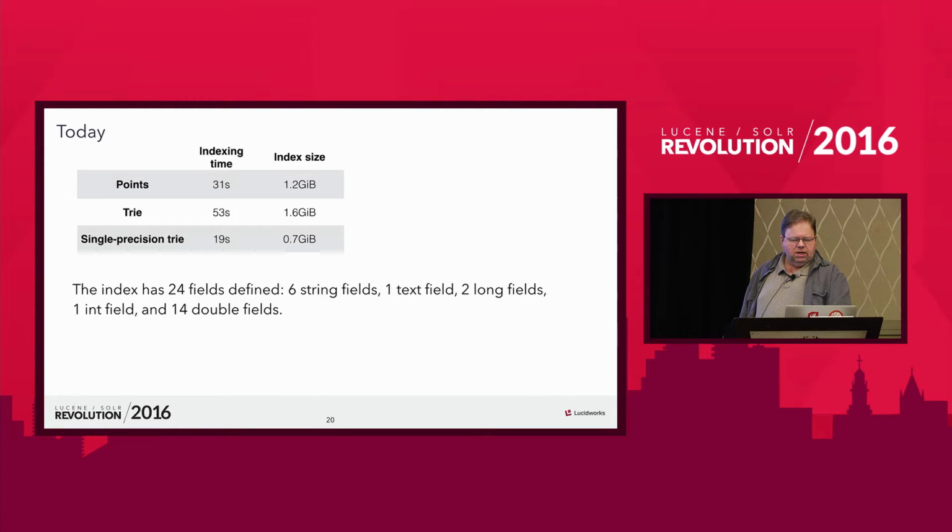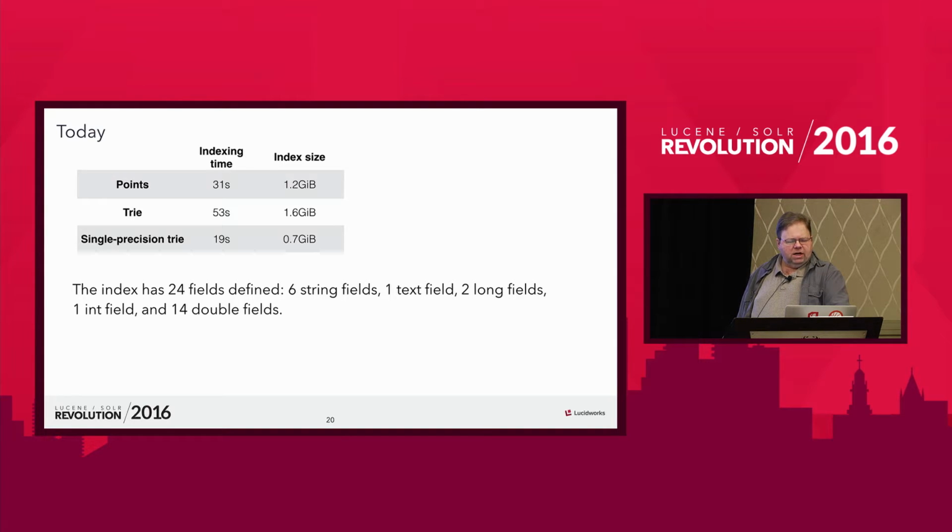So this is the index time that it took on a semi-beefy box that I've got for 25 million fairly short documents with these 24 fields that I list there. 6 string fields, a text field, 2 long fields, an int, and 14 doubles.